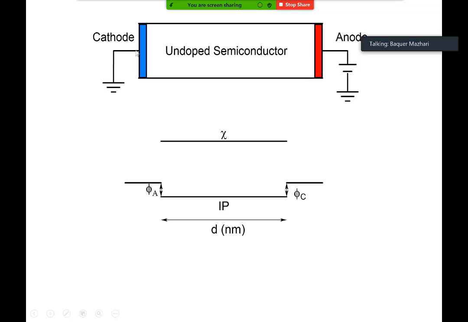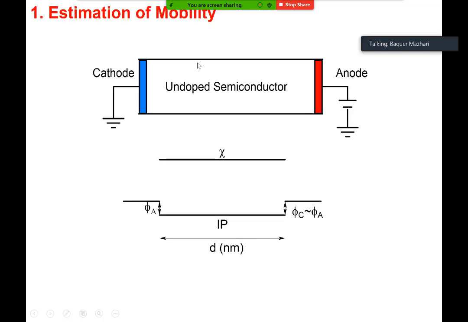So let me start with this single layer device here and talk about estimation of mobility. For my discussion, I'll be focusing mostly on organic semiconductors. When we take an organic semiconductor and sandwich it between two electrodes, and we'll discuss hole only devices, both of them are good injectors of holes.